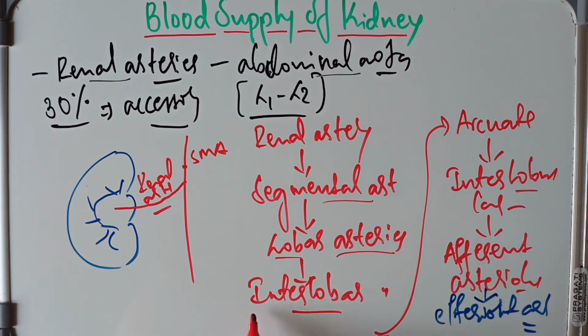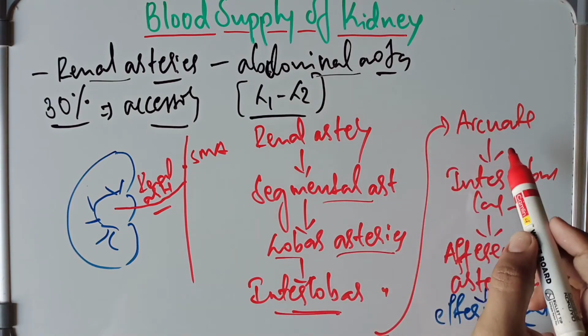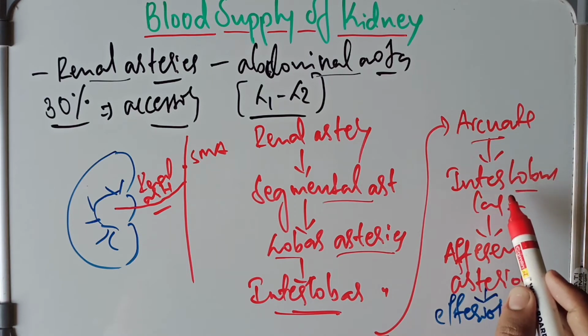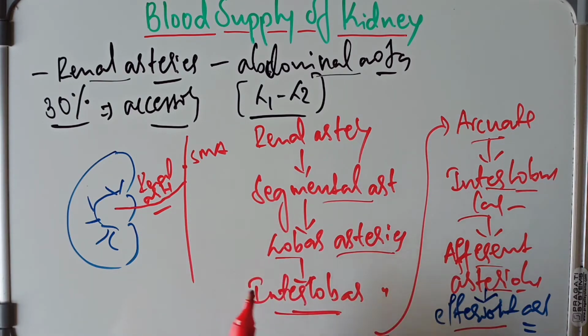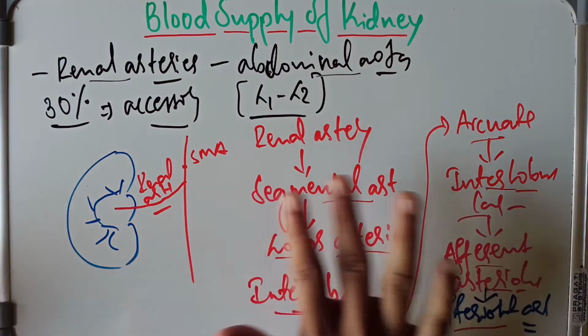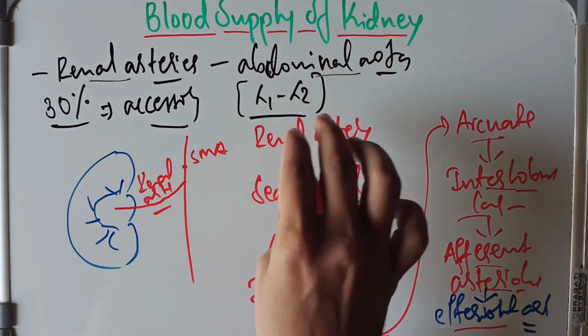They will further subdivide into the interlobar arteries, and they will give rise to the arcuate arteries, and they will further subdivide into the interlobular arteries, and finally they will give rise to the afferent arterioles. These afferent arterioles, after forming the glomerulus, will become the efferent arterioles, and these efferent arterioles will form the peritubular capillaries, and finally they will drain along the veins corresponding to the arteries. So basically these are the branches of the renal arteries that are supplying the kidney.